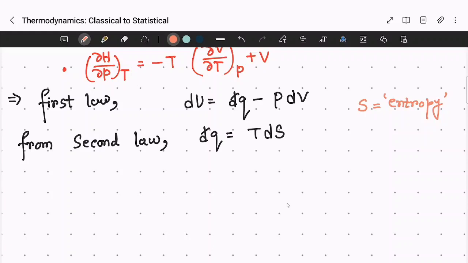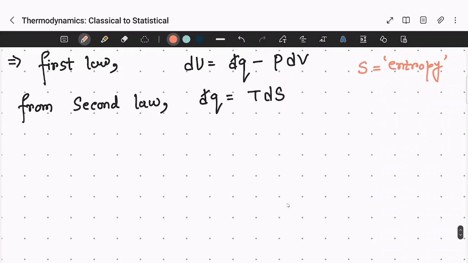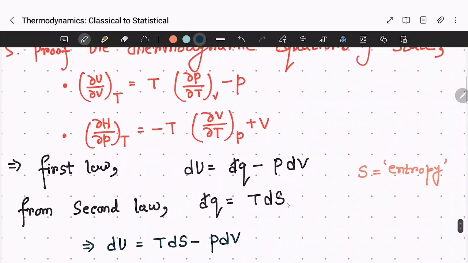So that's why we can write it. Now, if this is the case, then we can write dU equals TdS minus PdV.